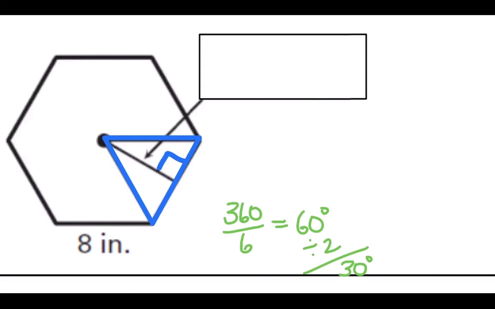So when we drop in this altitude here, that's going to create a 30-60-90 triangle. So if the side length is 8, that means that half the side there is 4, and that makes this 4 root 3.